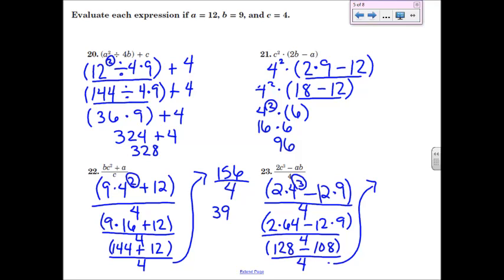And it's still in parentheses until I get it down to just a number. And 128 minus 108 is 20. And now that I have a number over a number, I can do the final division. And 20 divided by 4 is 5.